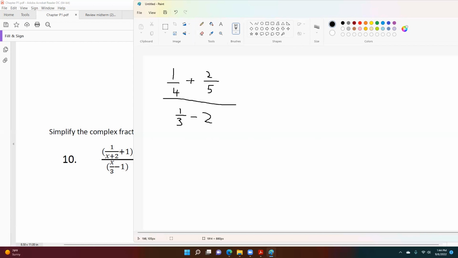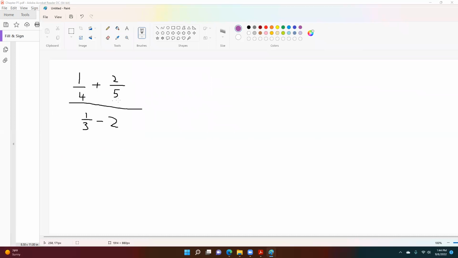So if you have addition and subtraction, what do we do in this case, class? We add and subtract. We concentrate on the top one first, and you find the LCD for this case. The LCD in this case is 20, because 4 times 5 is 20.